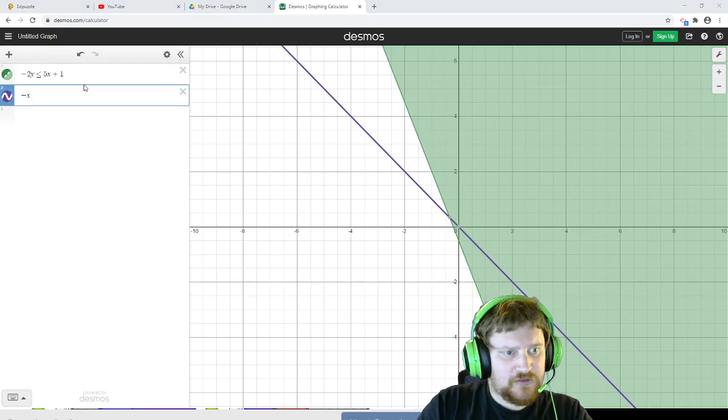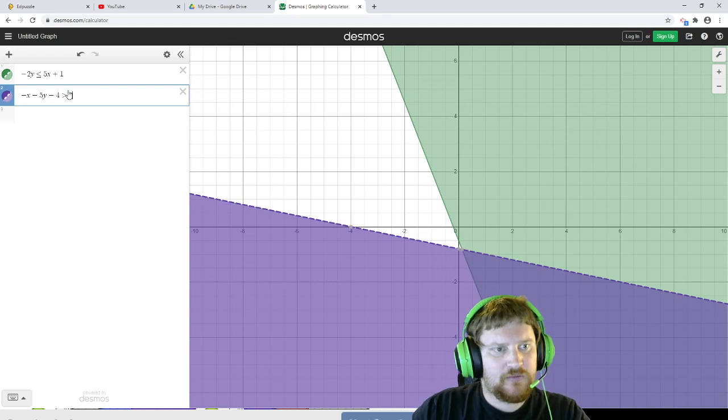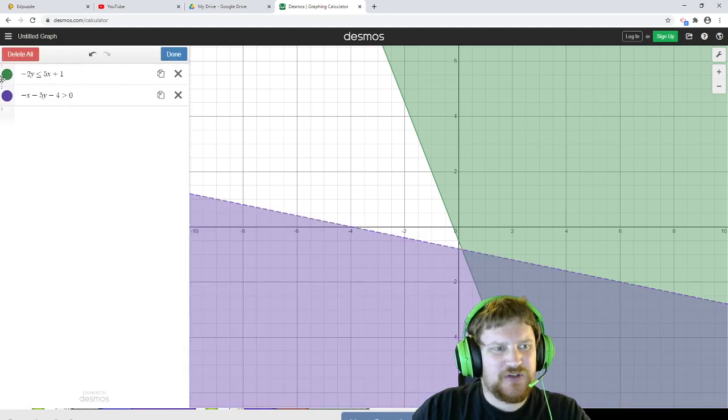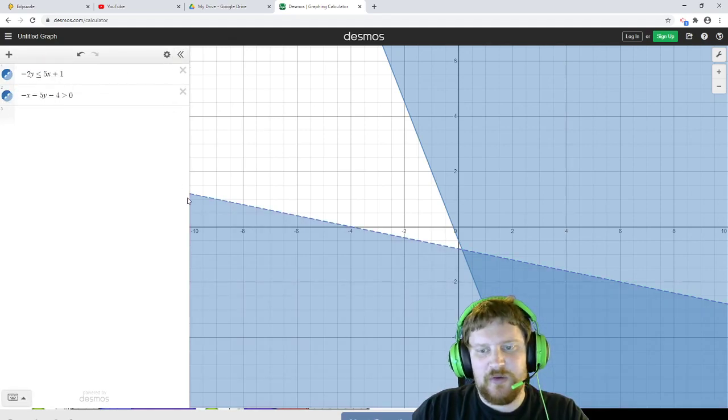Negative x minus 5y minus 4 is greater than 0. Okay, I'm going to change these colors. As I told some of you guys in class, I'm actually a little bit colorblind. So there we go.